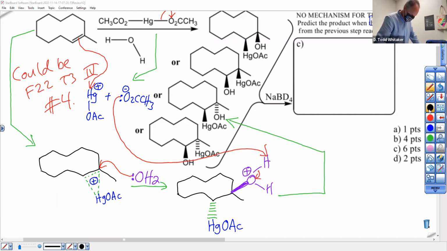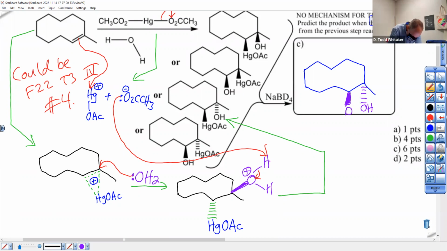You're going to get the same rings. You're going to get the OH on the same spot. I'll go with the one that's pictured to the left. And where the mercury was, on the same bond will be what atom in its place? The D. Remember, opposite side.